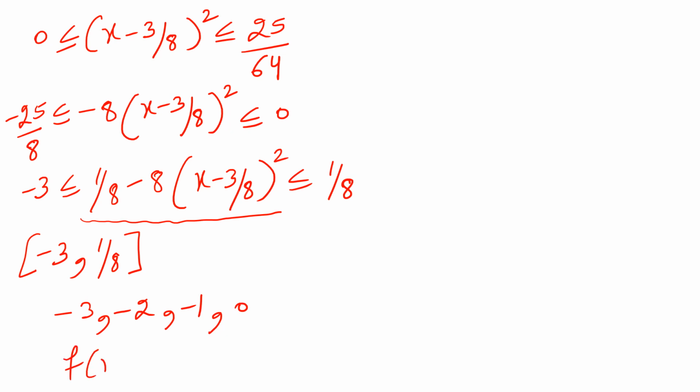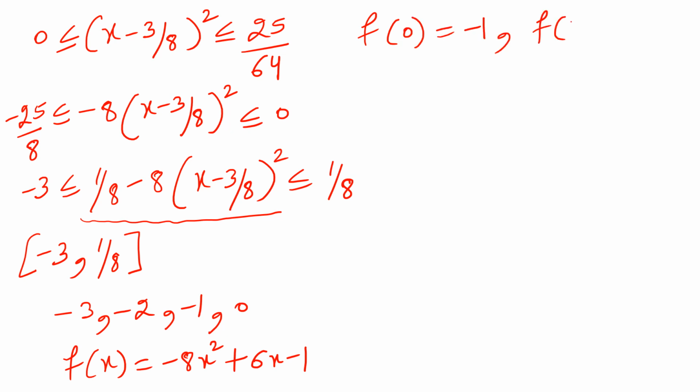Now, if I call this particular quadratic polynomial as f of x, then the values of f of x at endpoints, that is at x equal to 0 and x equal to 1, are going to be f of 0 will be minus 1 and f of 1 will be minus 8 plus 6 minus 1, and this comes out to be minus 3.